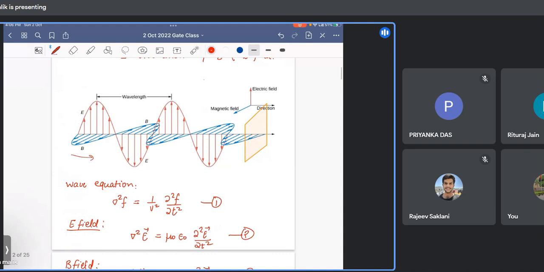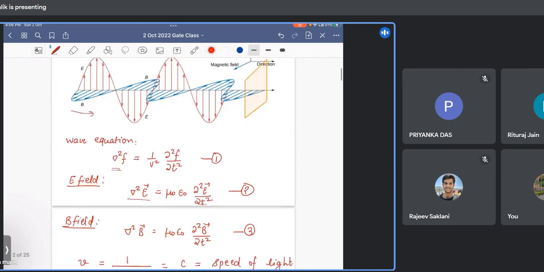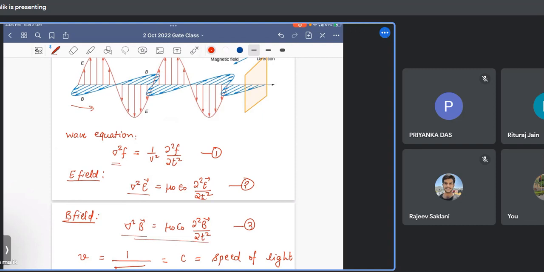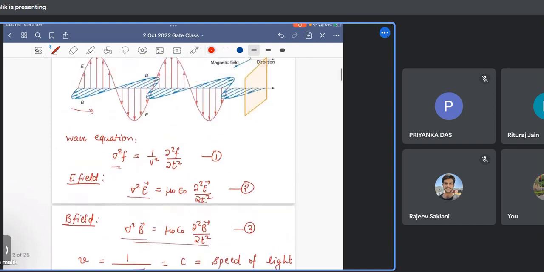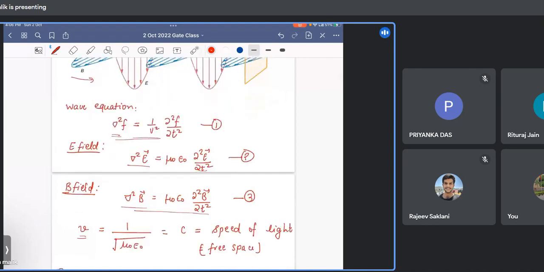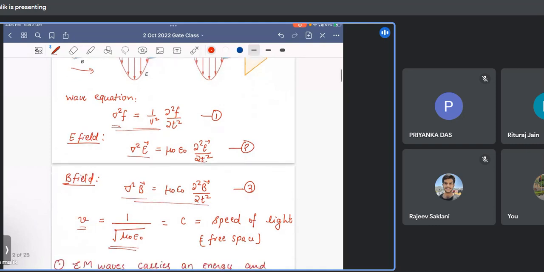For the electric field, if we follow the wave equation, the form will be like this, and similarly for the magnetic field, the form will be like this. If you compare these two with the wave equation, the velocity of the wave is given by 1 by square root of epsilon naught mu naught, which is the speed of light.